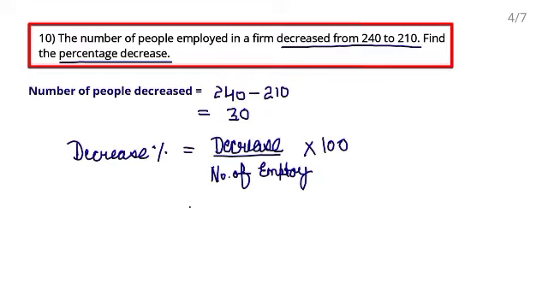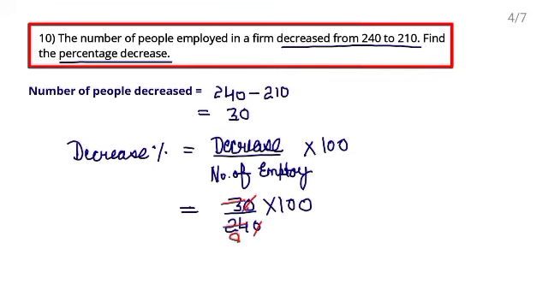Okay, put the values here. Decrease is 30. The number of employees in the starting were 240. Multiply by 100. 0 to 0 cancel out.